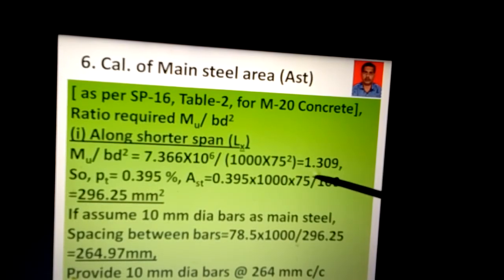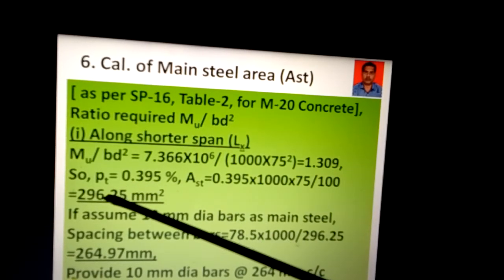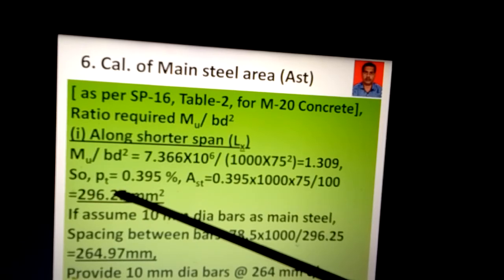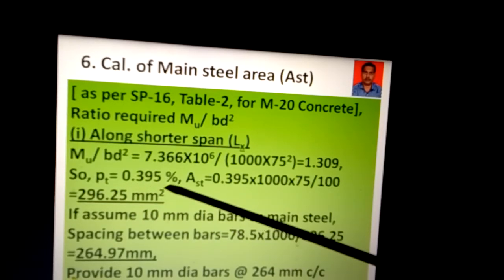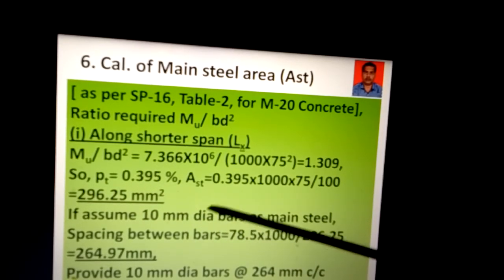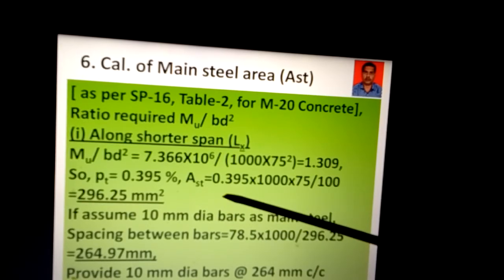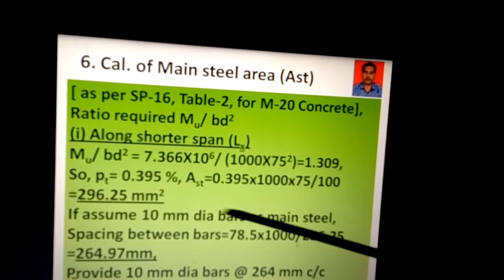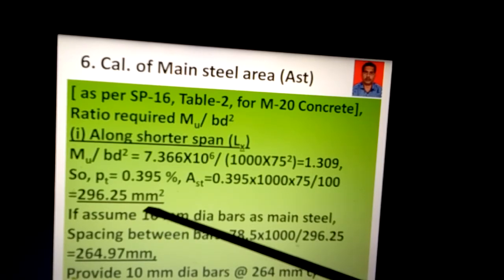By using this ratio, we get from table 2 the percentage of steel in tension, that is pt, 0.395%, and by using this percentage the Ast comes, Ast is equal to pt multiplied by bd divided by 100. So putting the values, we get 0.395 into 1000 into 75 by 100. So this way we get 296.25 millimeter square.